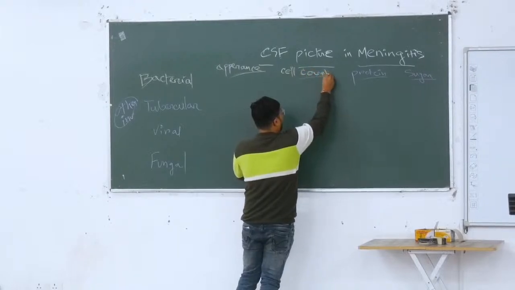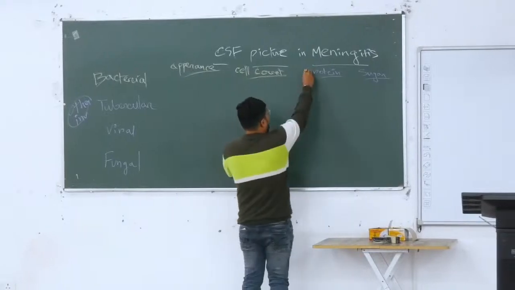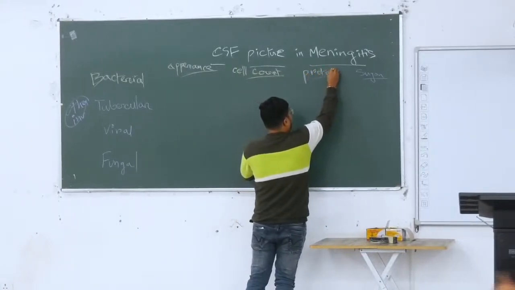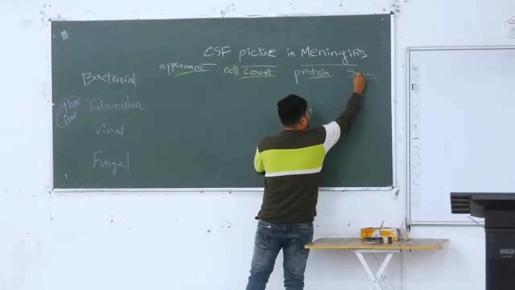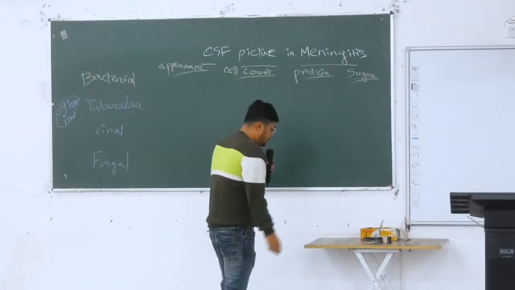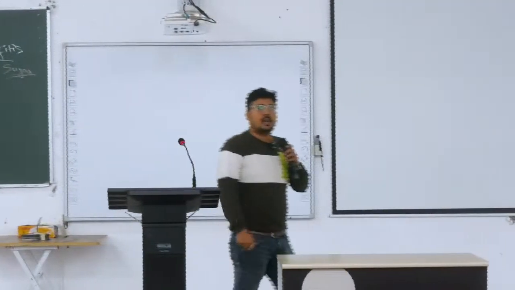How the cellularity will differ in various types of meningitis. Next, the protein in CSF, and last is the sugar. So, if we want to discuss the abnormal things, we first have to know what is the normal.